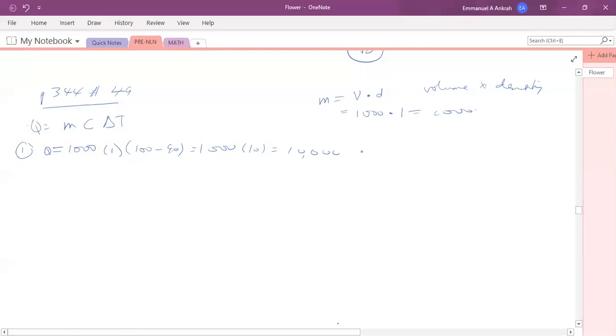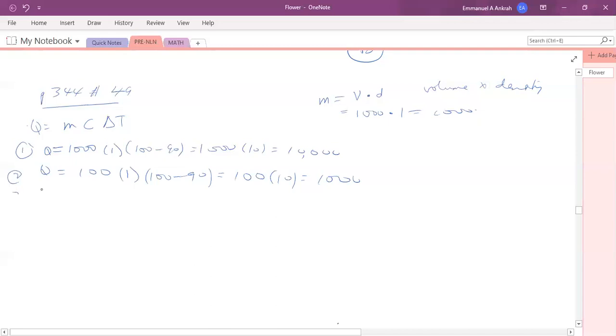So that's how many calories you need for this one. Then the second one, 2. The mass will be 100 times the specific heat, always 1 for water, and a change in temperature from 90 to 100, so that's also 10. So you have 10 times 100, so this will be 1,000.